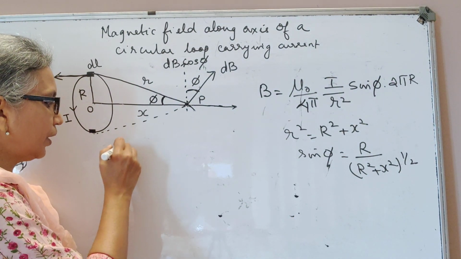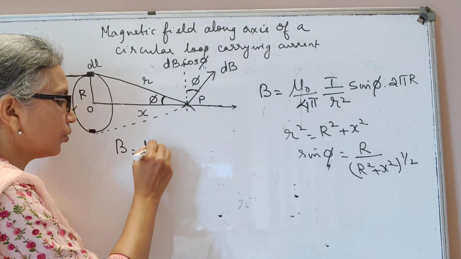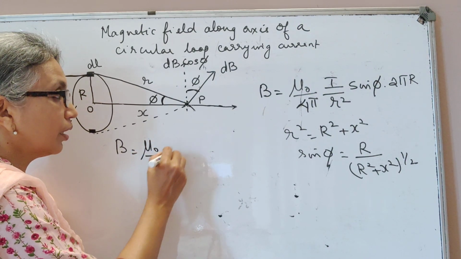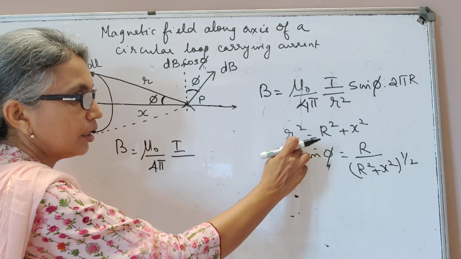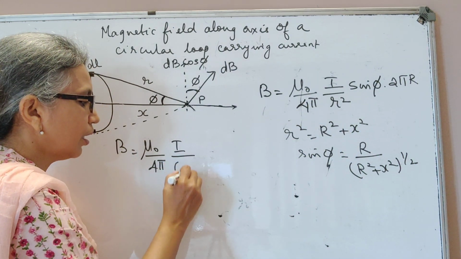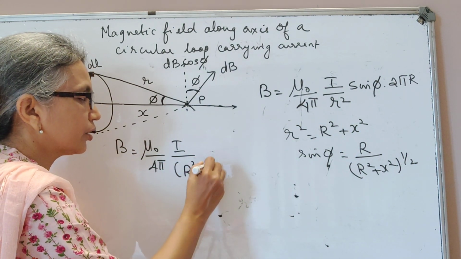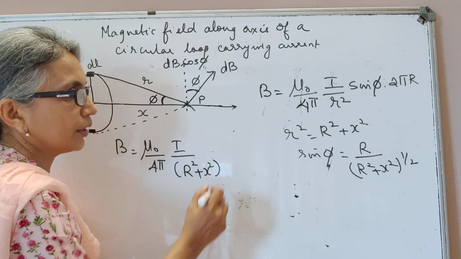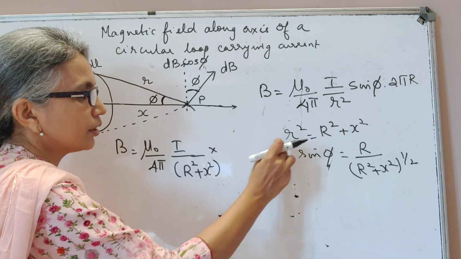So we have B equal to mu 0 by 4 pi, I by, instead of r square here we'll write R square plus x square, close the bracket, into sine phi.